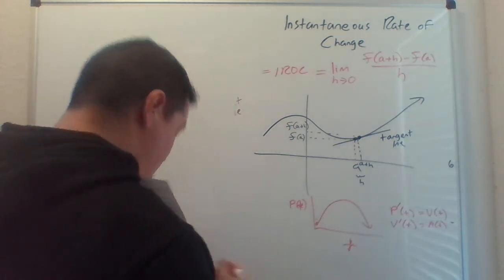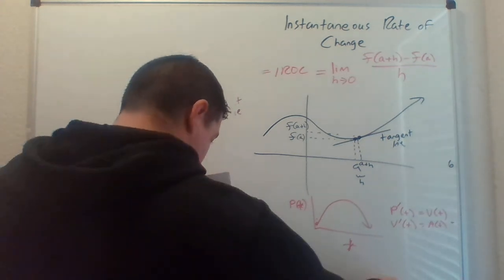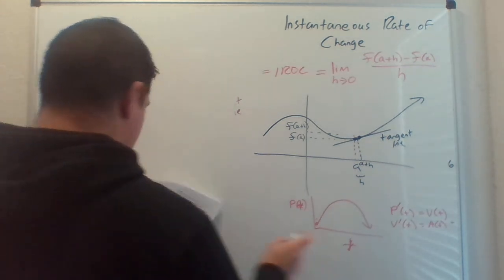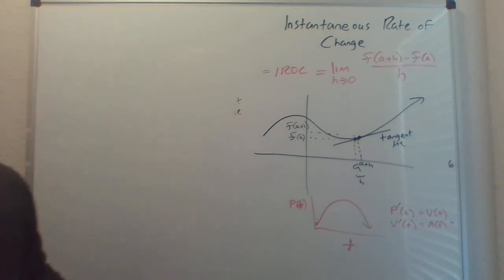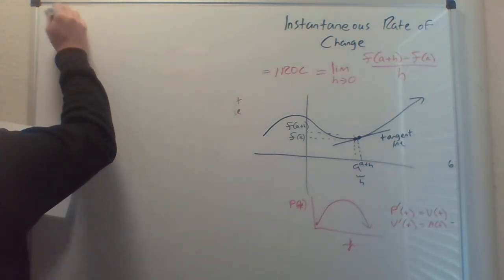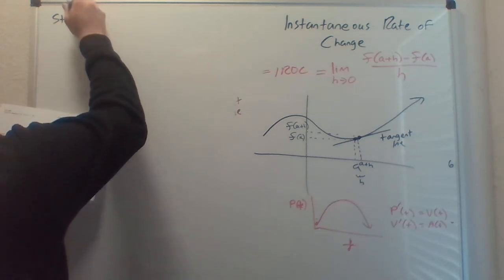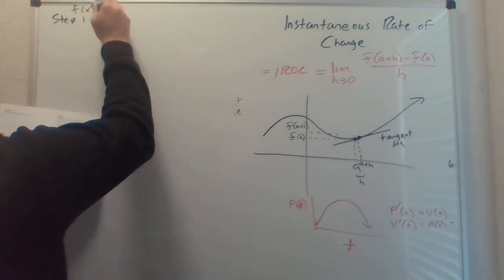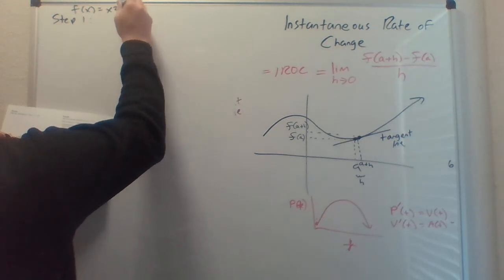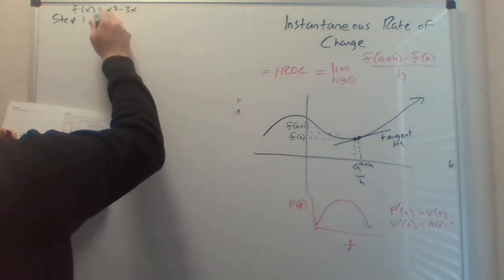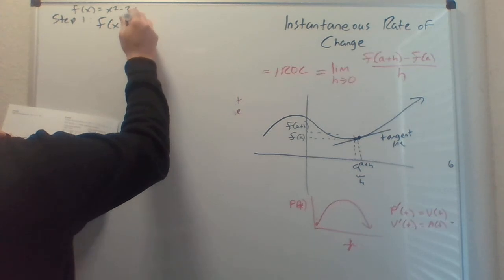It's listed there on your paper, but I'll write it out for this one for you. The first thing on the 4-step process is that you want to take f of x plus h. So step 1. Well, first let me write f of x. f of x equals x squared minus 3x. Okay, step 1 is f of x plus h.